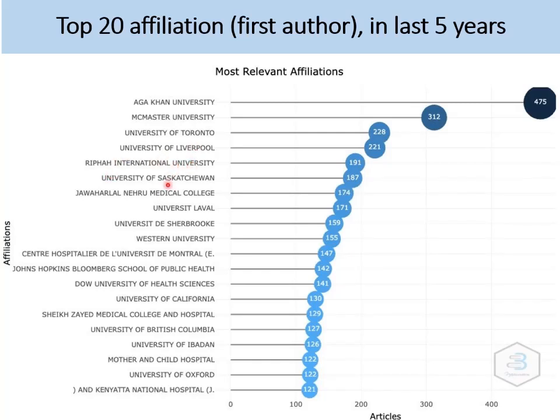These top authors show their primary affiliation with Pakistan and their secondary affiliation with international universities. And again, you can find a few universities from Pakistan over here. Dow is here, and Riphah International and Sheikh Zayed Medical College and Hospital are here. In this way, you can see how many publications are covered by these 20 affiliations.